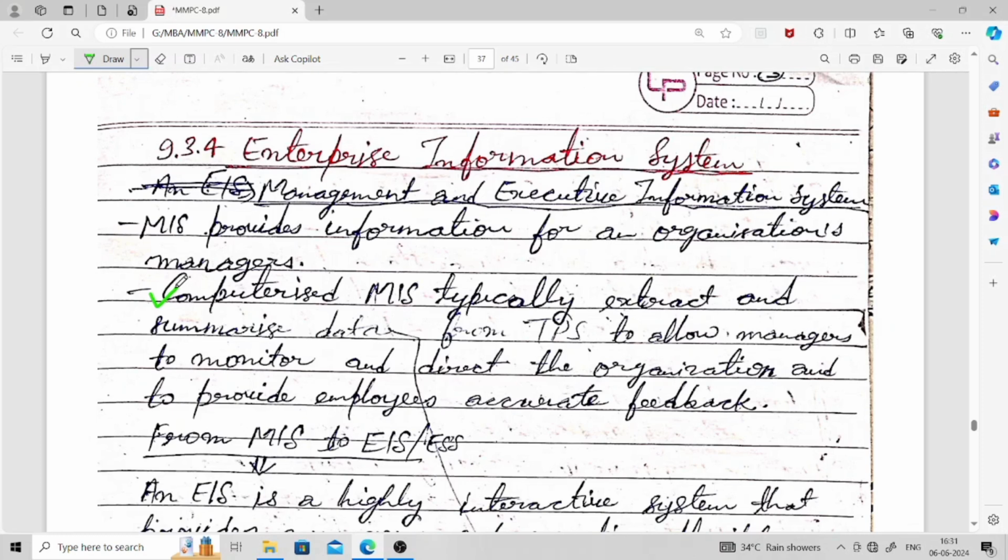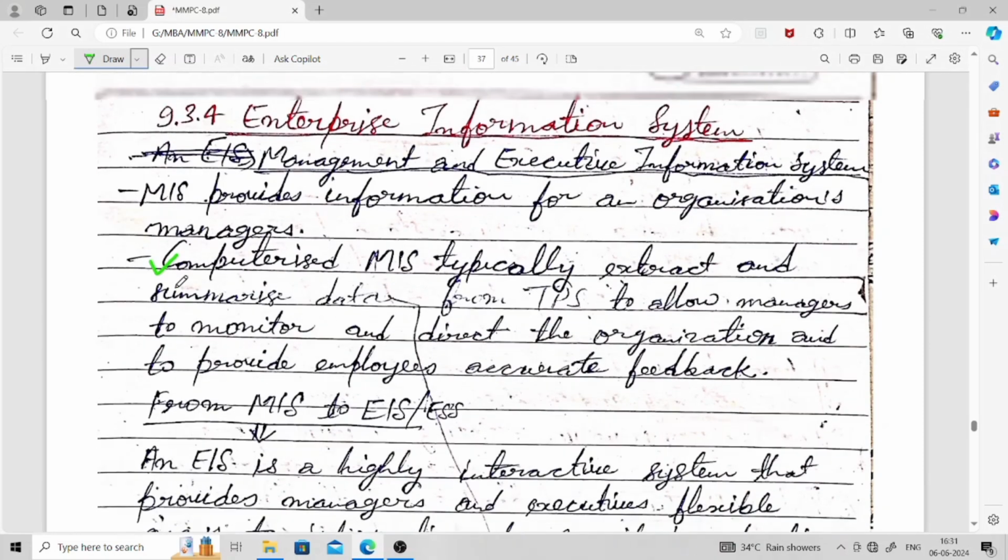Because if the manager has the right kind of extracted and summarized data, then the manager will be able to process the data in a better way, analyze the right kind of information, and on that basis provide employees accurate feedback. That's what happens in case of MIS.